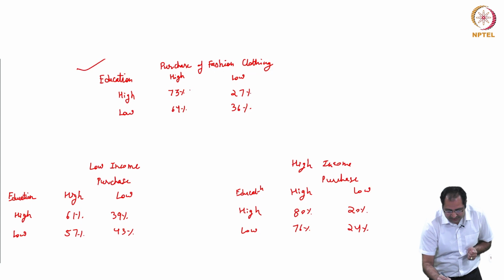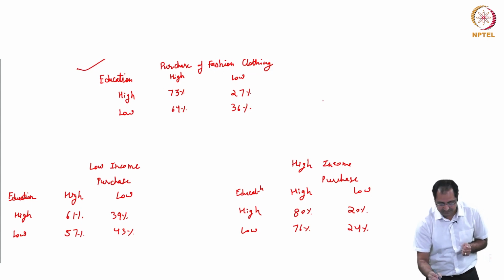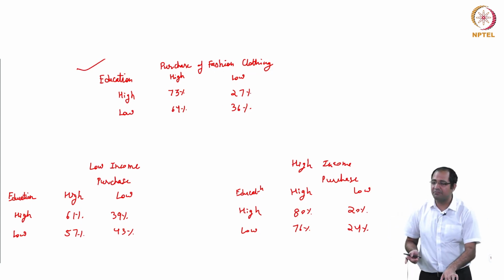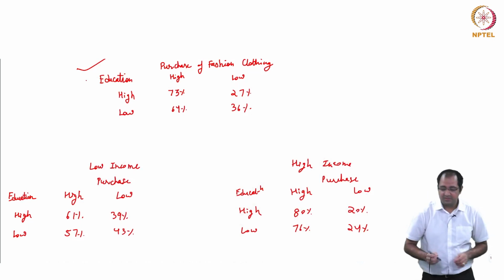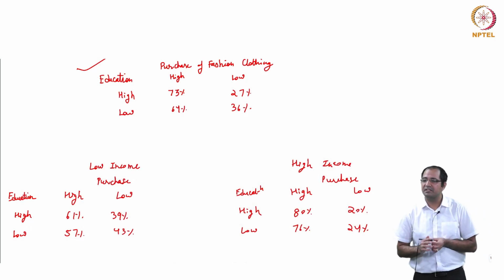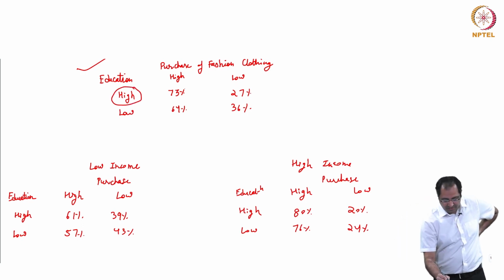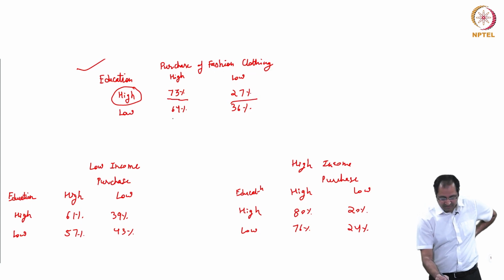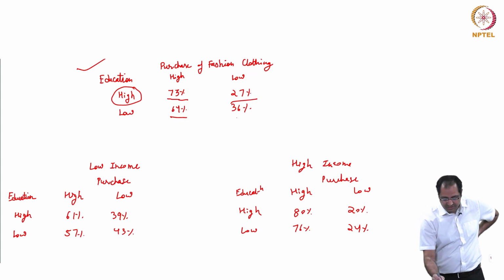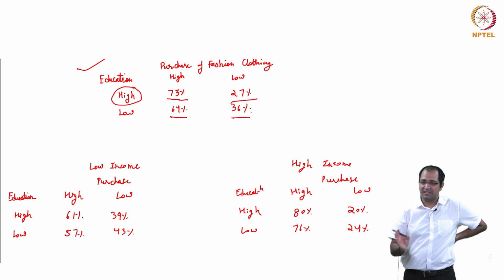What can you conclude from this first table, or I would say cross tab? For high education, the difference between purchasing high fashion clothing and low fashion clothing is quite high, whereas in the case of low education, the difference is lesser than that.